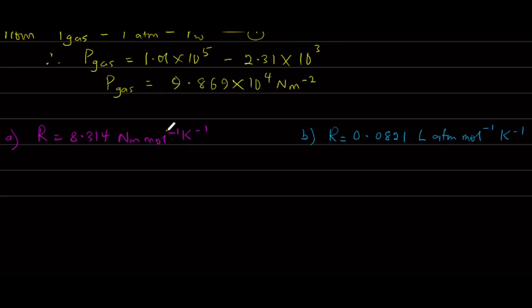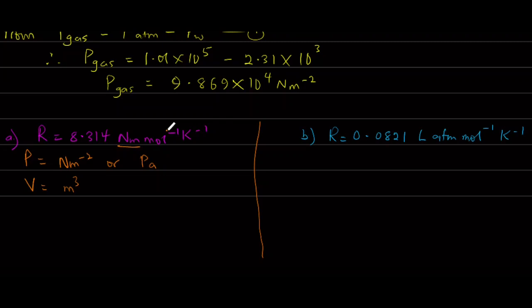Whenever we are making use of these two values of R, there are some things we must understand. To make use of the first R, which is 8.314, our pressure must be in Newton per meter square or Pascal. Then the volume must be in meter cube, simply because the unit for R, 8.314, has Newton and meter, while the temperature is in Kelvin.